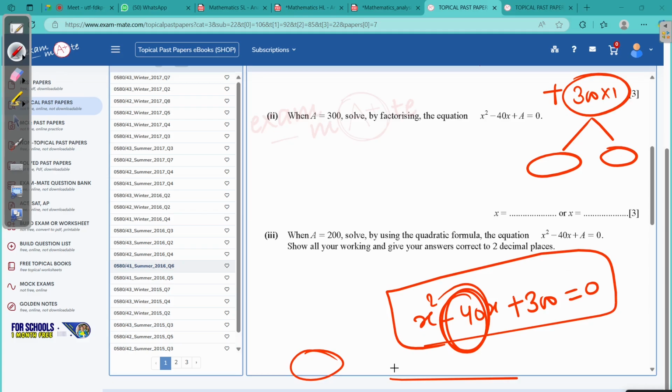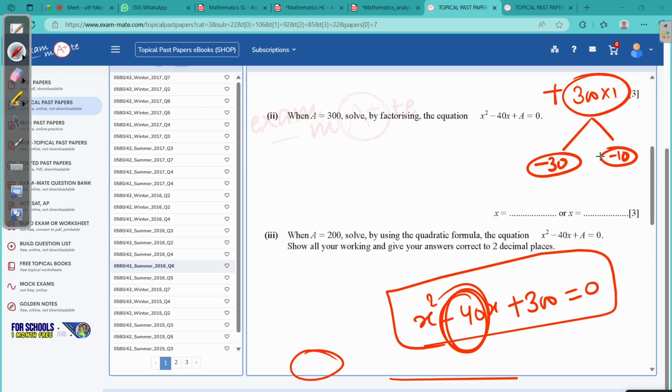Minus 40. So two factors, maybe minus 30 and minus 10, maybe. Yeah, correct. Minus 30 and minus 10. Obviously, minus 30 times minus 10 gives plus 300, and if you add them, minus 30 plus minus 10 gives minus 40.